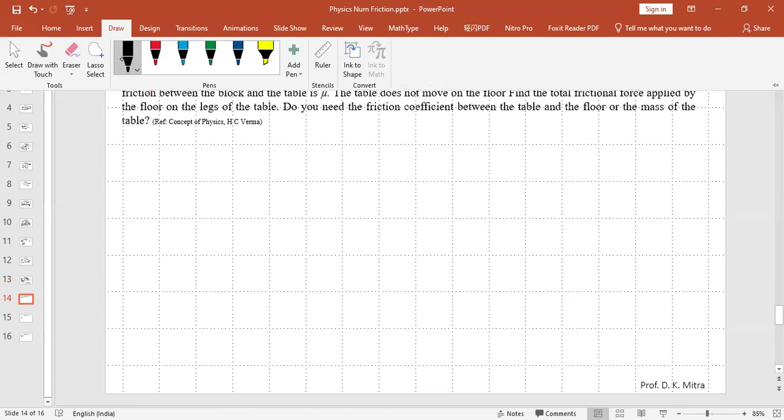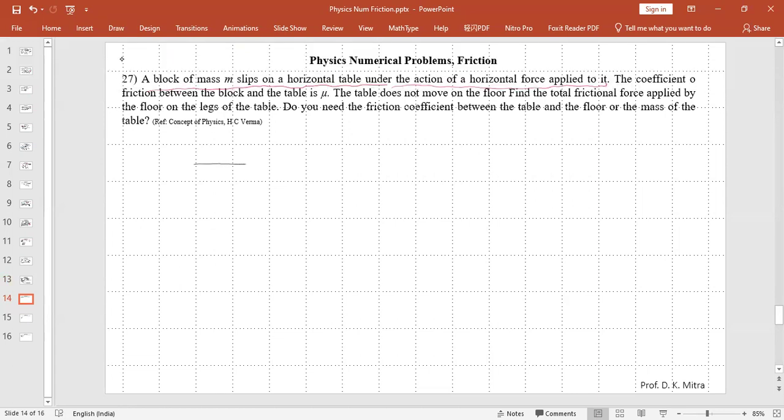So, if we try to draw, there is a horizontal table on a floor. Table is on a floor, and a mass is not given. We can take any mass. It slips.